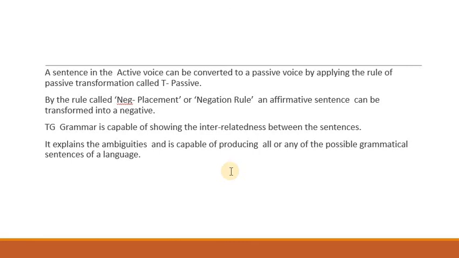So it is an all-encompassing grammar. It's an all-encompassing kind of analysis where we are able to show the interrelatedness between the sentences. We are able to explain the ambiguities, as well as we are able to show almost all possible grammatical sentences, how we arrive at all those grammatical sentences of a language.